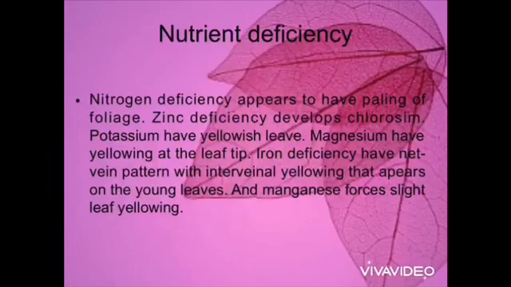Magnesium deficiency appears as leaf yellowing that begins at the leaf tip and margins, sometimes leaving a green patch at the base of the leaf, while iron deficiency causes a net vein pattern with interveinal yellowing that primarily appears in young leaves during the fall growth flush, while manganese deficiency causes a slight leaf yellowing.